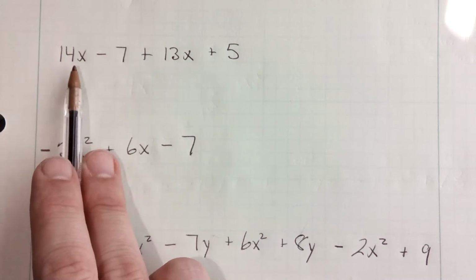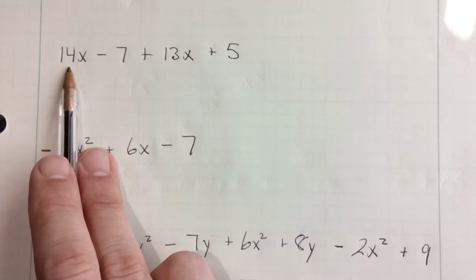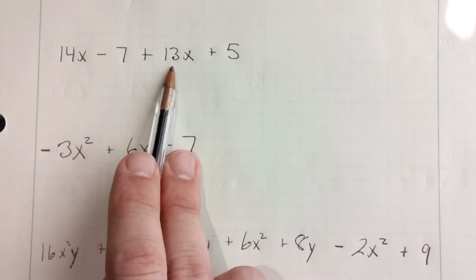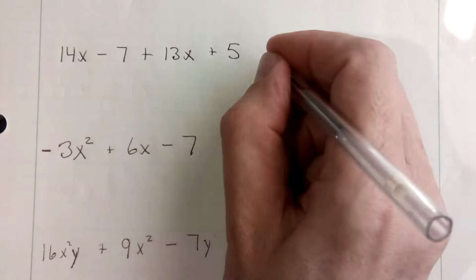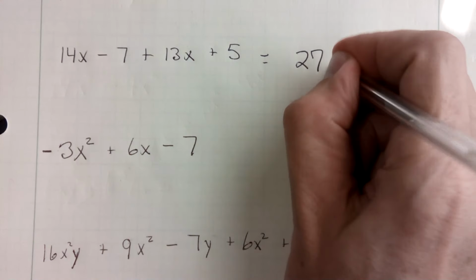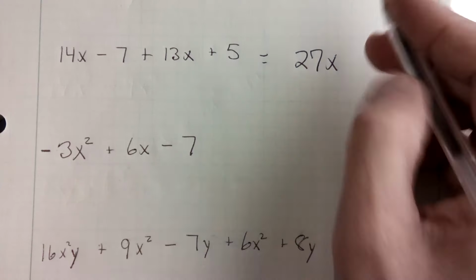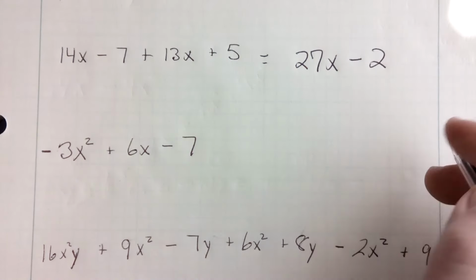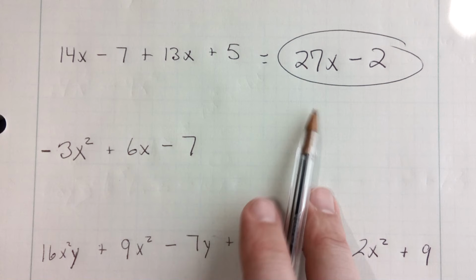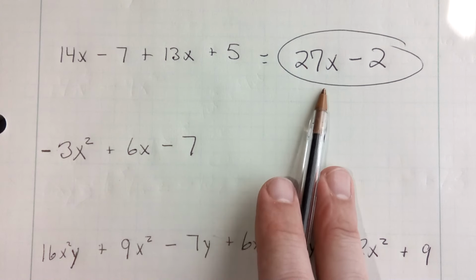So what we would do is combine the 14x and the 13x, getting 27x, and then -7 plus 5 would be -2. And that would be our reduced form where we've added like terms.